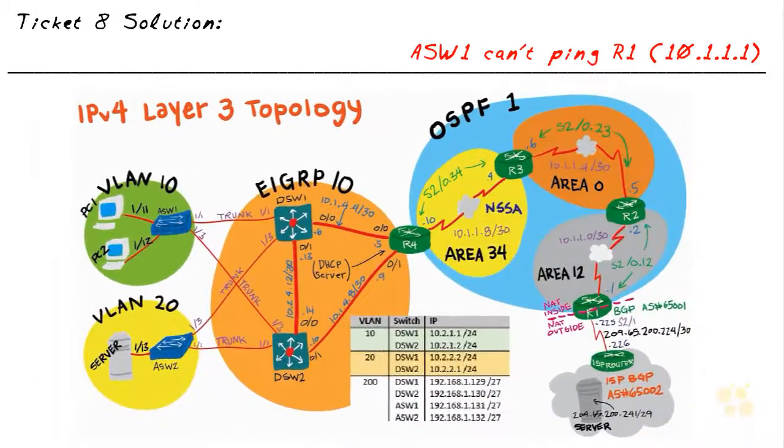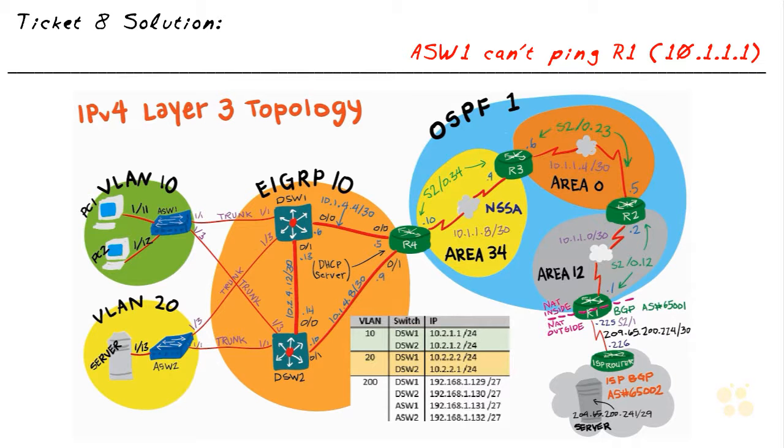So our fault domains in this nugget could have been a couple things. Number one, we had ASW1 that had no default gateway, and as a result, it very likely may not have been able to reach a remote destination if ProxyARP had not been enabled on DSW2. In either case, we fixed that by adding a default gateway to ASW1.